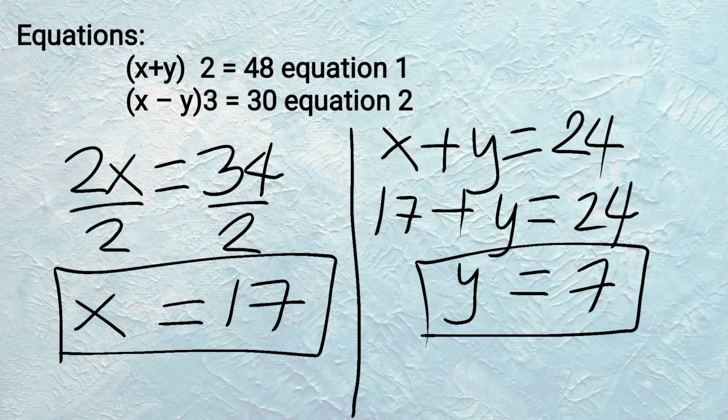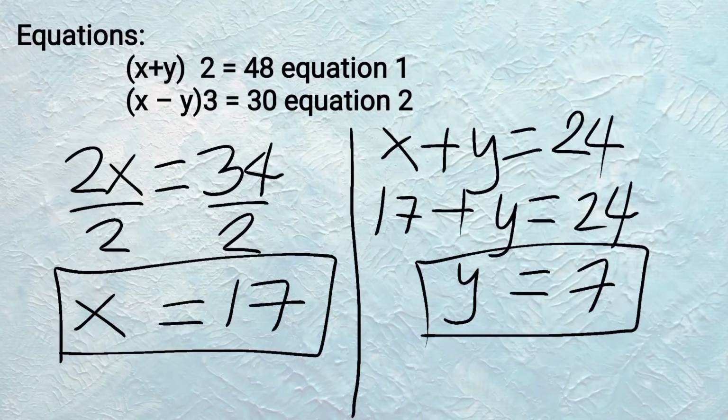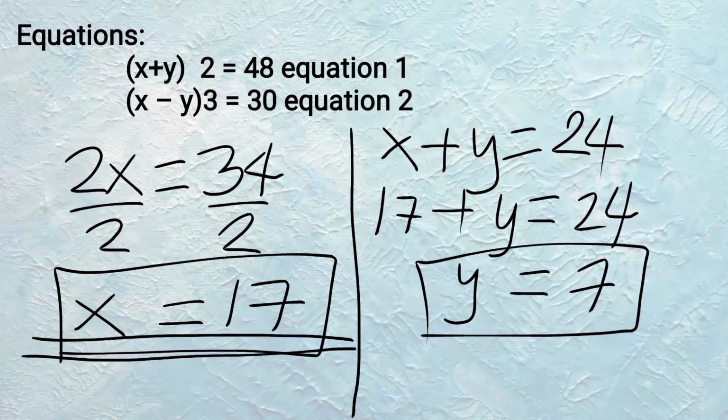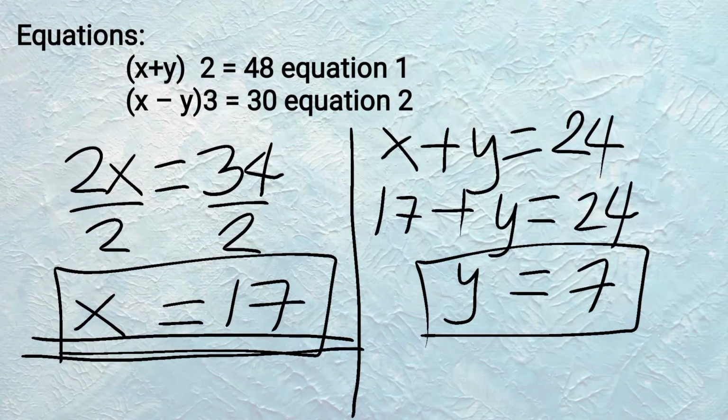But going back to the problem, we are looking for the rate of the boat in still water. So 17 kilometers per hour is the rate of the boat in still water, and the rate of the current is 7.